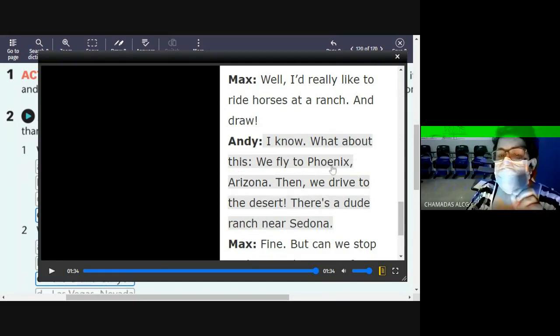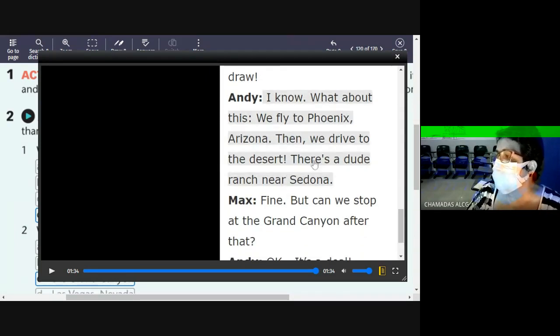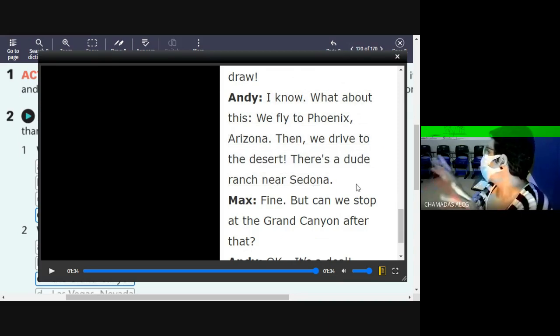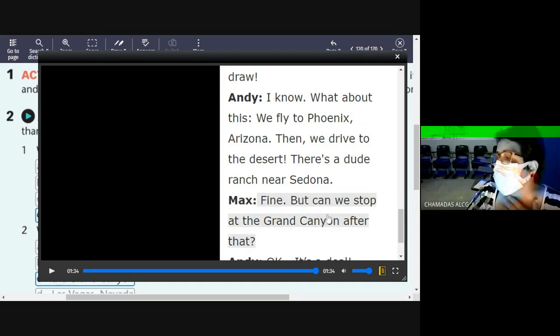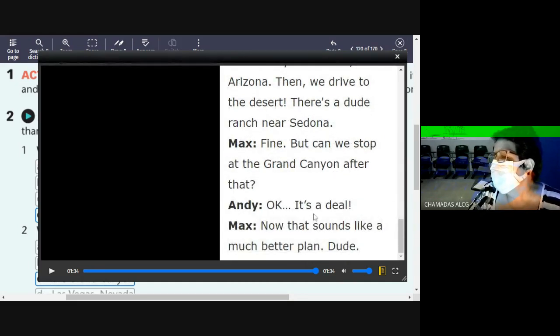We fly to Phoenix, Arizona, then we drive to the desert. There is a dude ranch near Sedona. So they go to a place near Sedona. So they can visit Phoenix, then they go to this ranch near Sedona. And then Max goes, fine, but can we stop at the Grand Canyon after that? Okay, it's a deal. That sounds like a much better plan, dude.